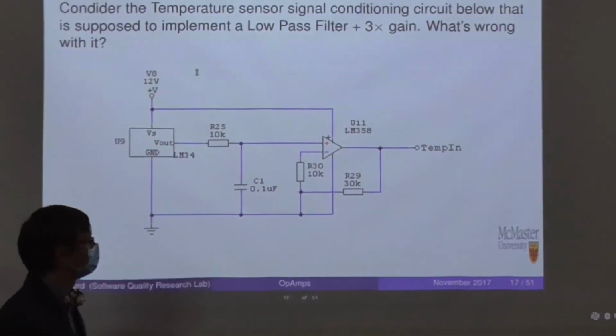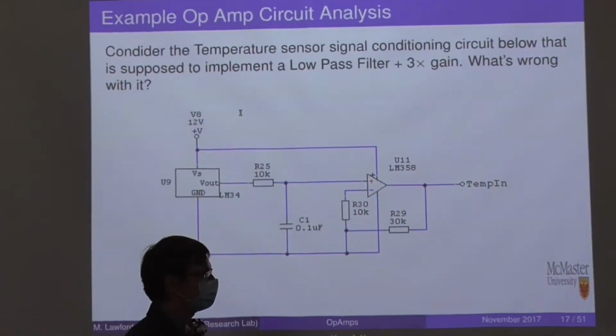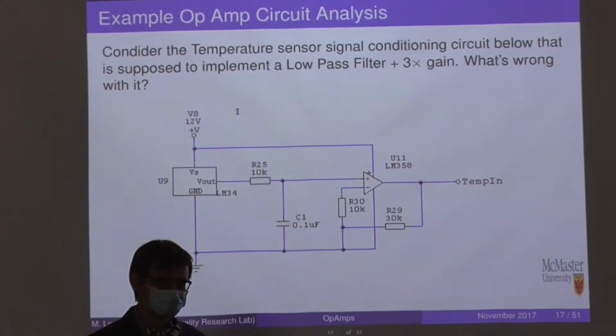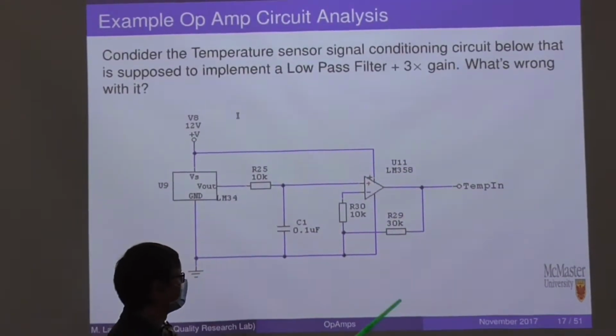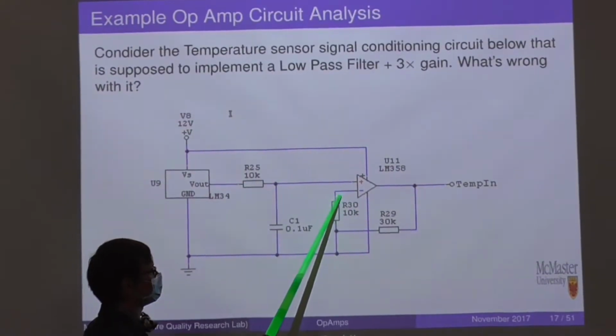Should the R3 or R30 be on the bottom of the branch instead of on the top? Yep. Or another way to say that, you should move this connection to the other side of it.